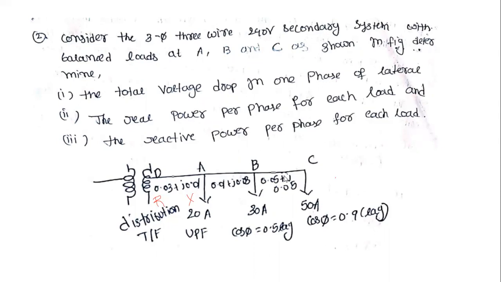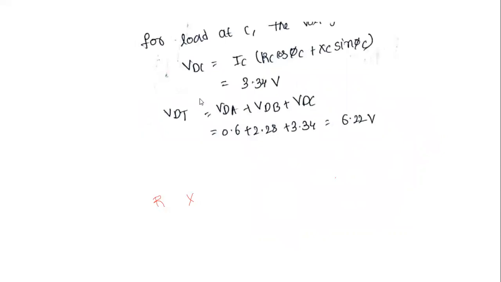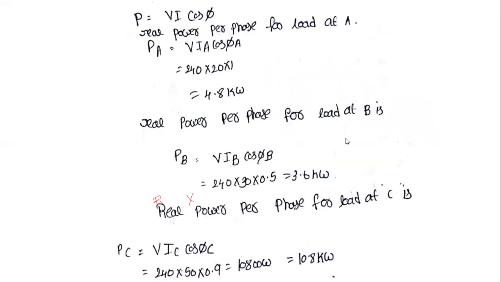By using these values, we calculate the voltage drop across the B to C section. Next, we calculate the total voltage drop, VDA, VDB, VDC. By adding all three voltage drops, we obtain the total voltage drop. That is the first point.